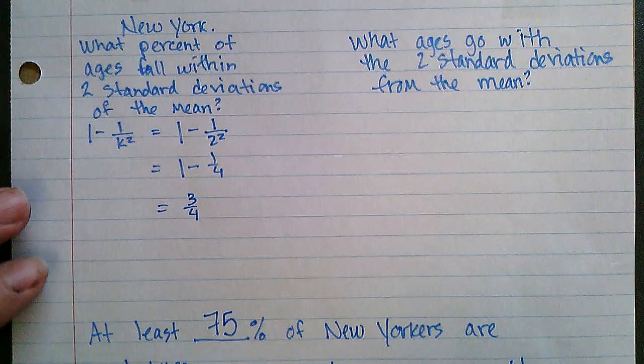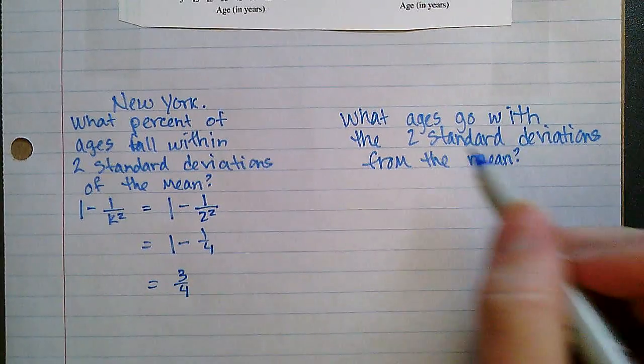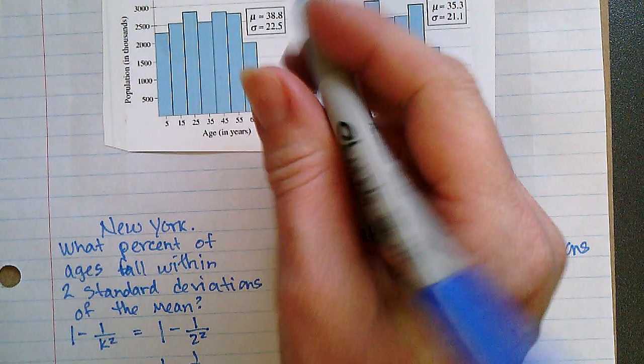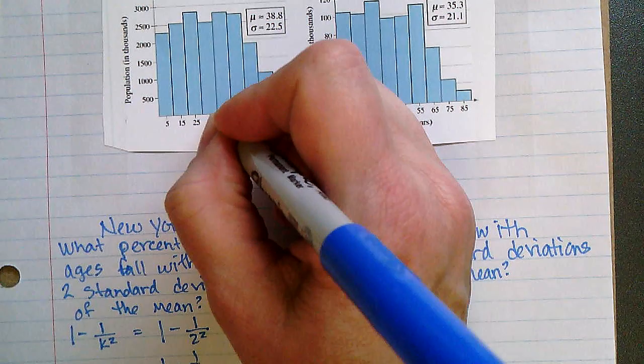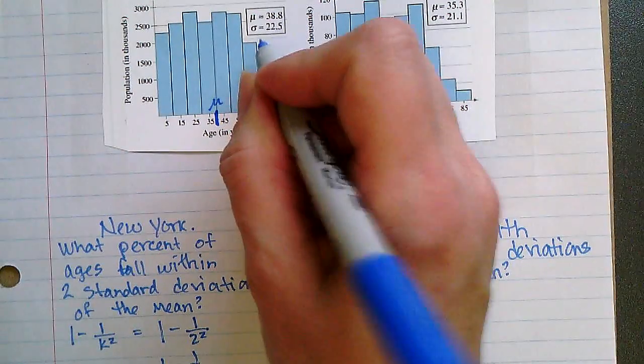Now we've got to figure out what those ages are. So what goes with the 2 standard deviations from the mean? Well, our mean is 38.8. Notice that this is a population mean and a population standard deviation.